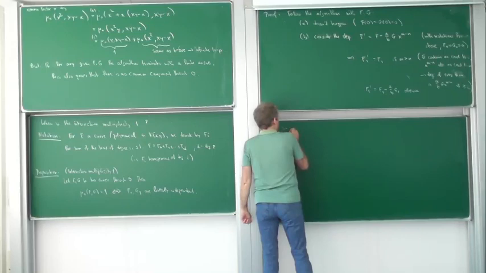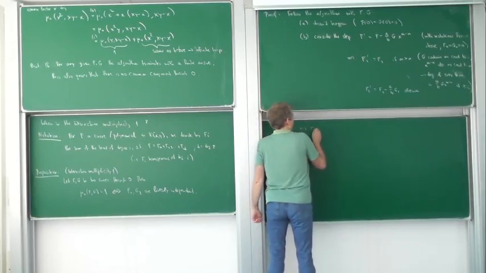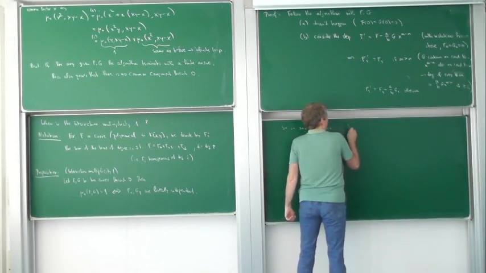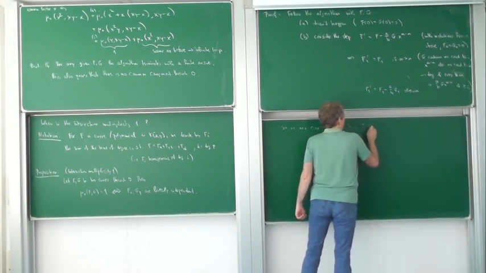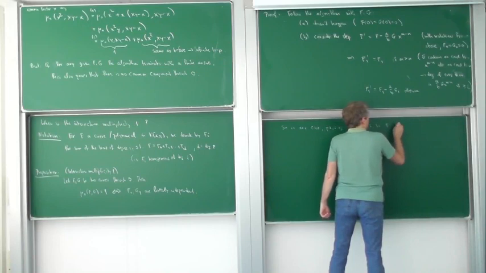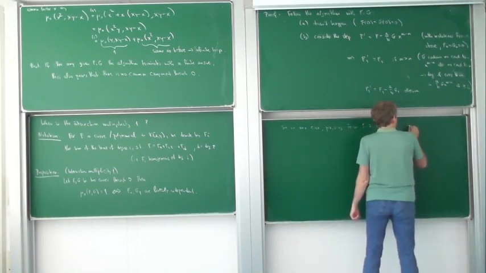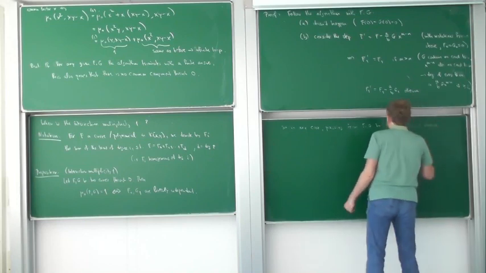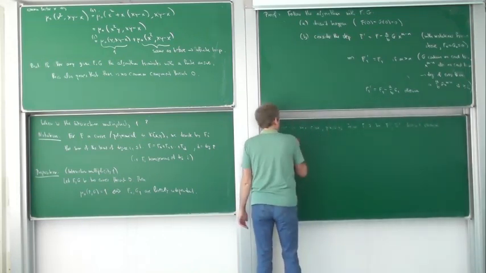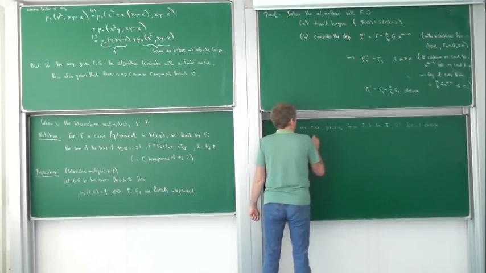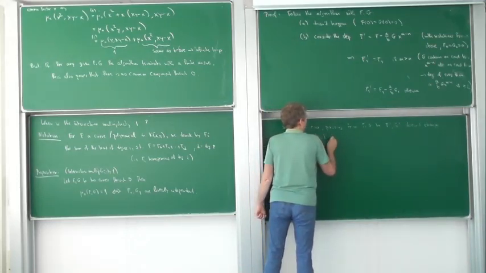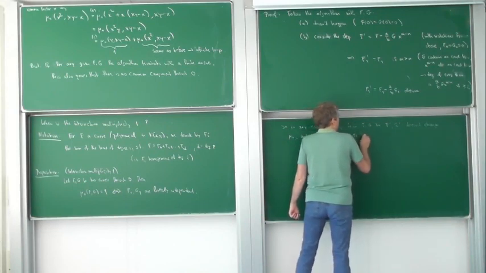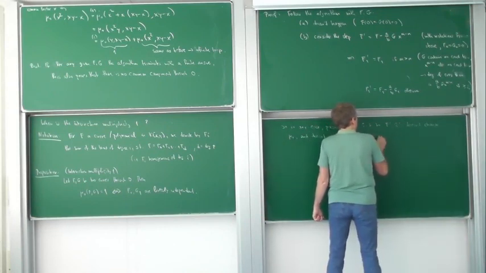So in any case, passing from f and g to f prime, g prime doesn't change, first of all, the multiplicity, mu 0, and doesn't change if f1 and g1 are linearly dependent.